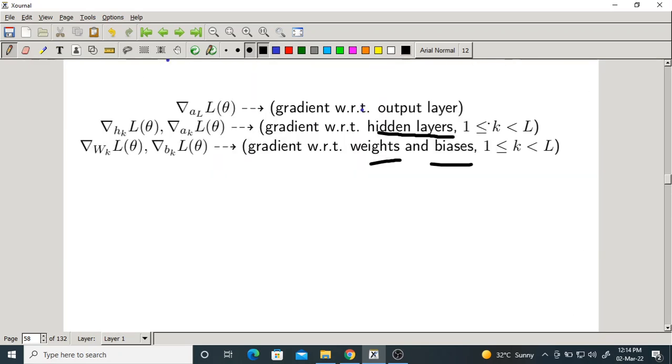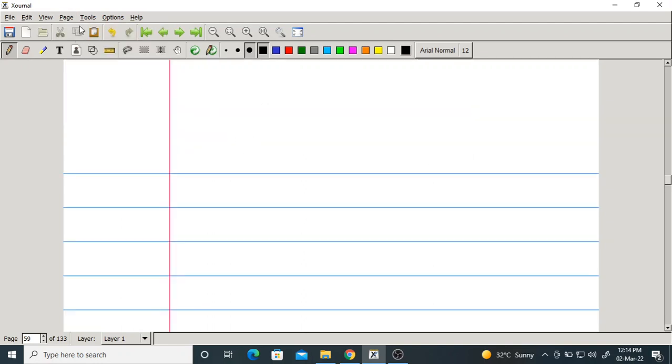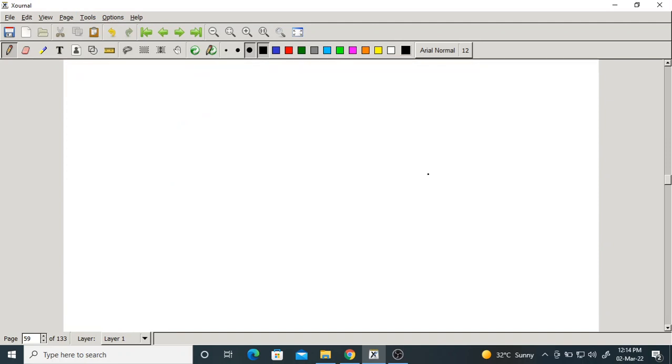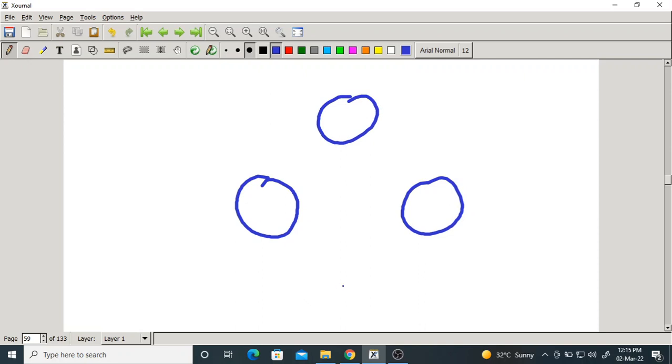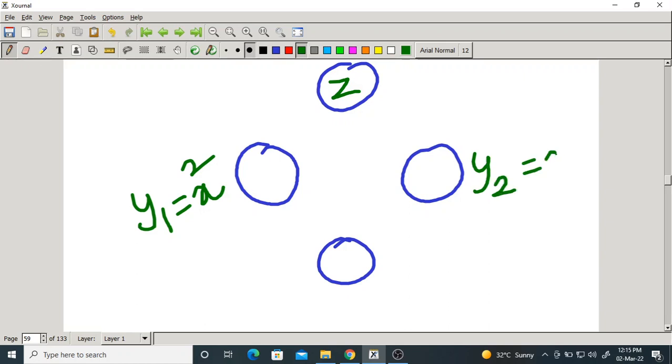Okay, so how to apply the chain rule for a multipath network. Suppose you take this network. Now this is z, this is y1 equal to x squared, this is y2 equal to x cubed, this is x.